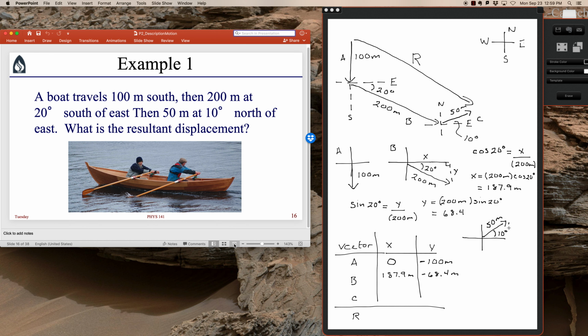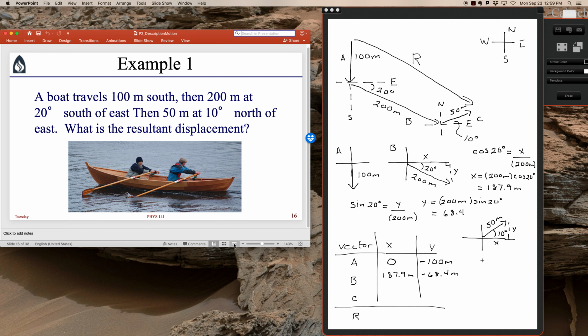If I once again drop a line to the positive x-axis, I can see that this side is the x component of this vector, and this side is the y. And so once again, I can break the vector up into x and y components.